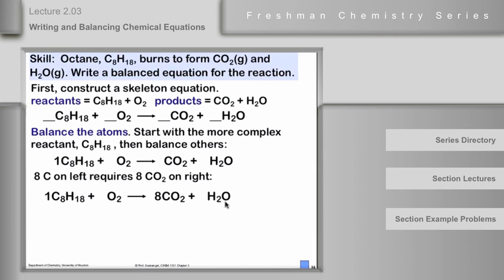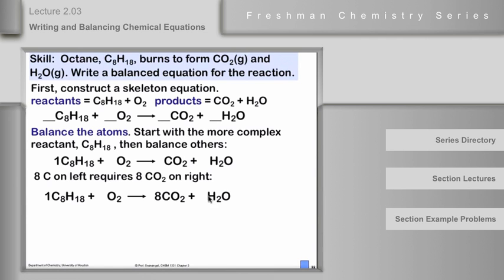Now, you can tell we're going to find out the number of waters the same way, and we're going to look at the octane formula and see how many hydrogens are there, because that's the only source of hydrogen. So all the hydrogen that's over here in the water had to come from the octane. All right? Now you can see there's 18 hydrogen atoms in one octane molecule.